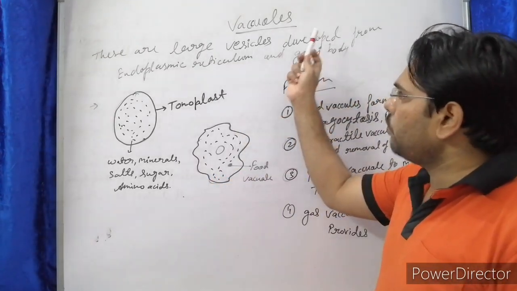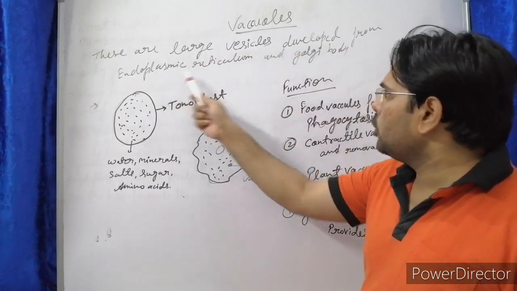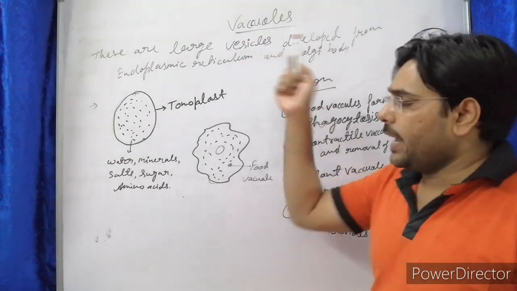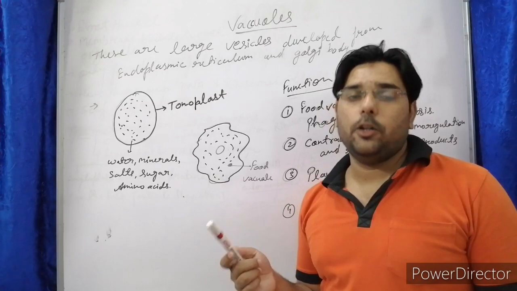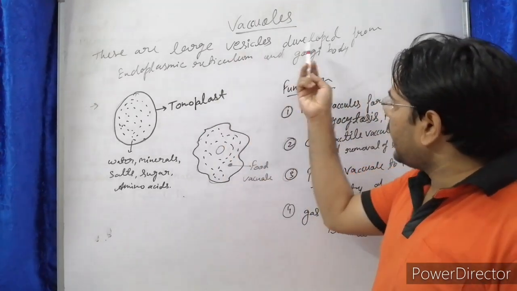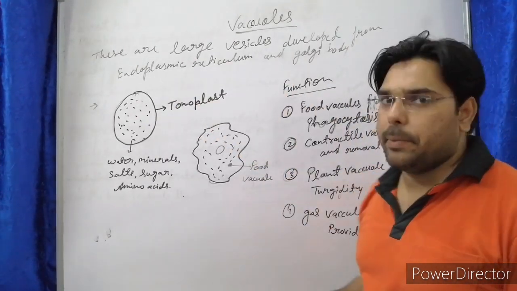So what are vacuoles? These are large vesicles developed from endoplasmic reticulum and Golgi body. As we have seen in Golgi apparatus and endoplasmic reticulum, vesicles are produced. So these are the large vesicles which are developed from endoplasmic reticulum and Golgi apparatus.